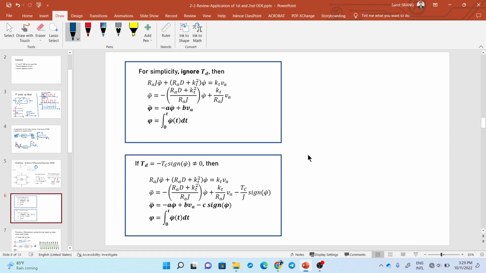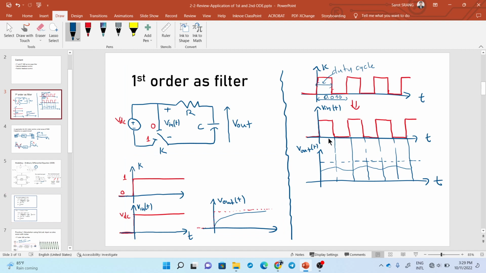So in here, I'm going to show a simulation for DC motor where the input is in the form of pulse, okay, like this. Then we can see the output. Okay, but first we start with the RC circuit.